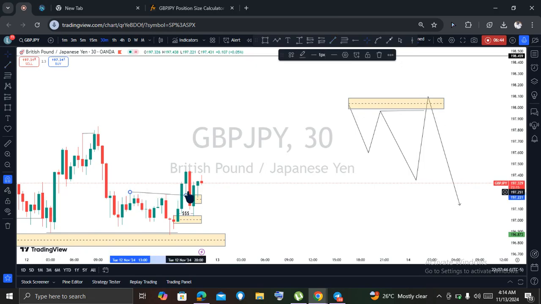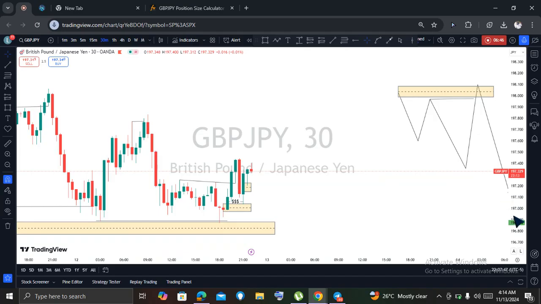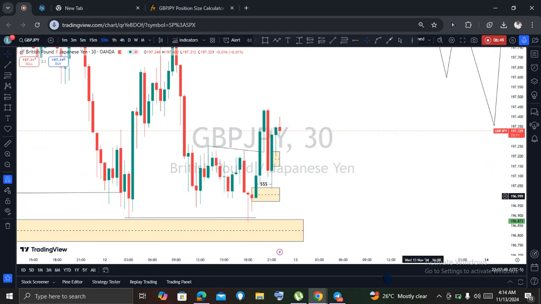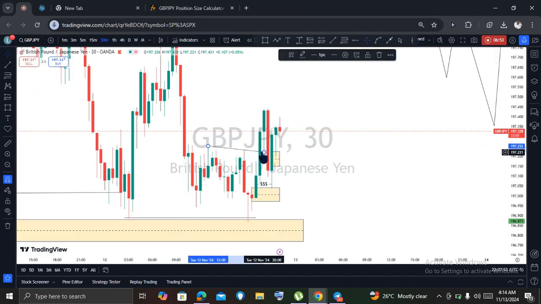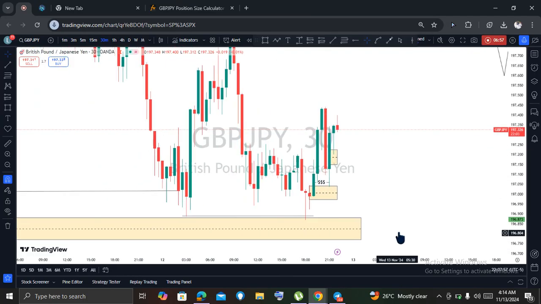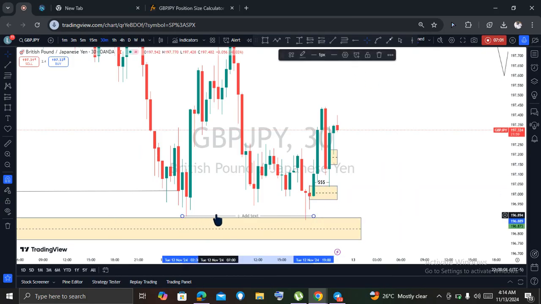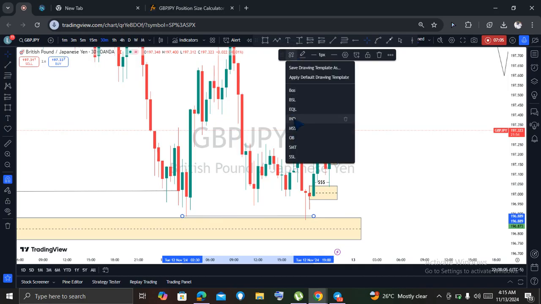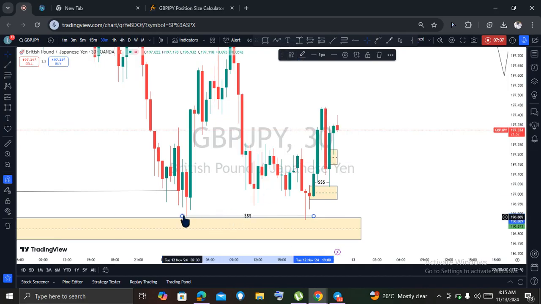What I was waiting for, instead of taking it around the fair value gap, I opted to take it around the entry. And it is because I've seen that it has already swept this low. It has swept this liquidity, because there is liquidity resting below this low right here, right?